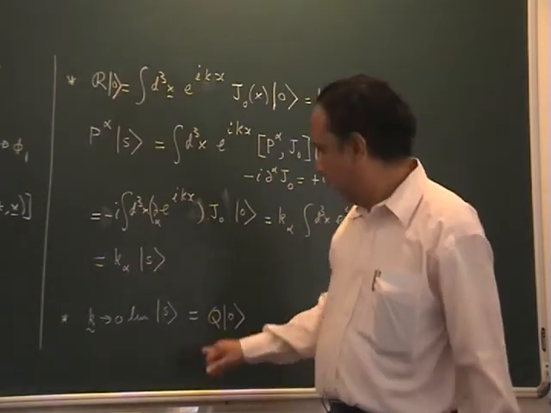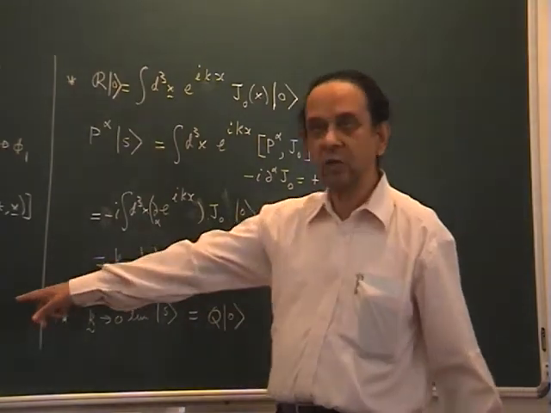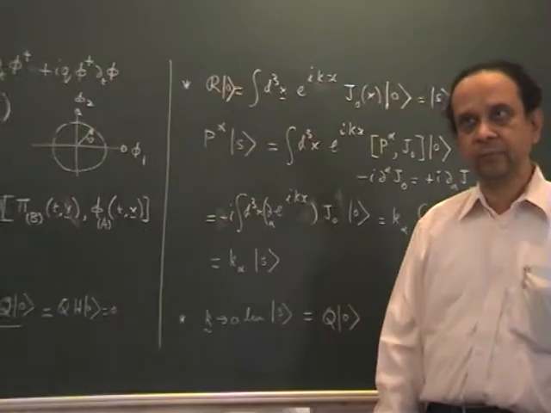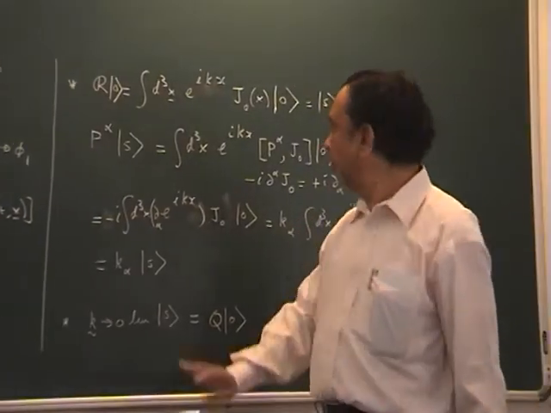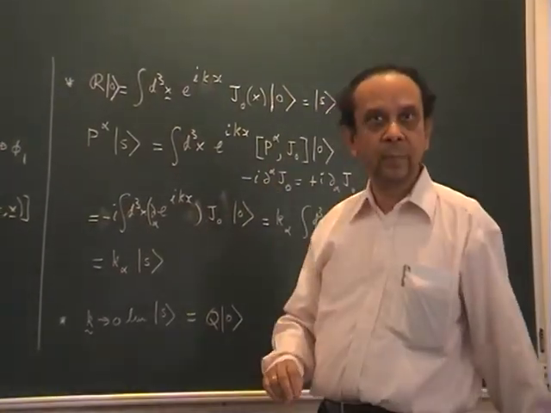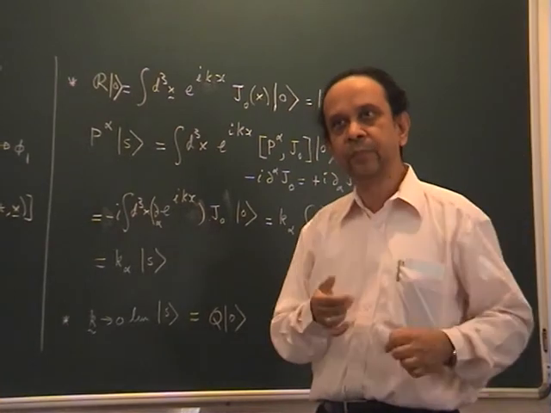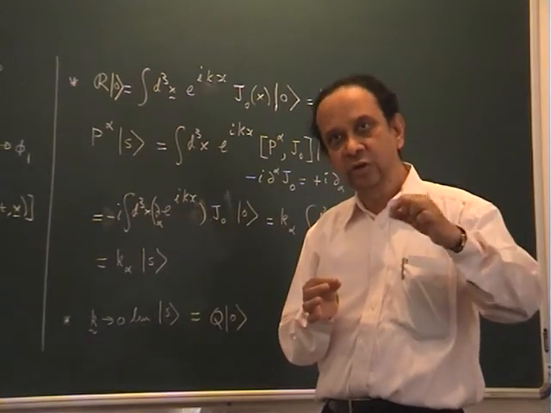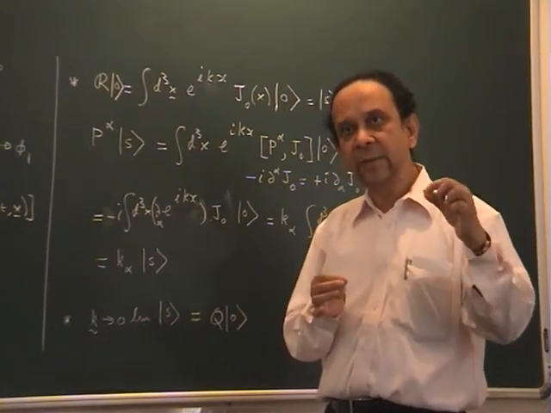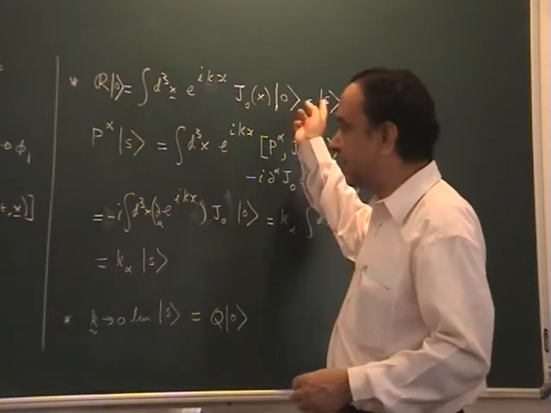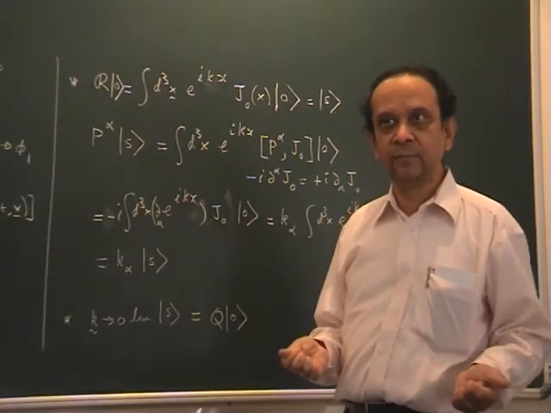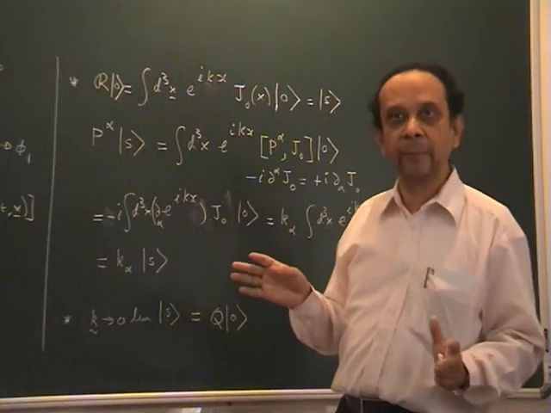And this state we just showed has 0 energy. Therefore, if you take this state and you vary k and you take k to go to 0, in the limit of k going to 0, that state will have 0 energy. This is the massless mode.